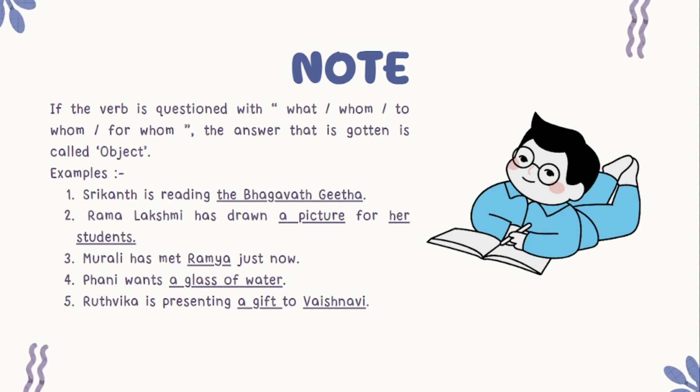Second one. Ram Lakshmi has drawn a picture for her students. In this sentence, subject is Ram Lakshmi, has helping verb, drawn main verb. Here, what is object? Find out the object by using any one of the question words which are given in the list. What has drawn?